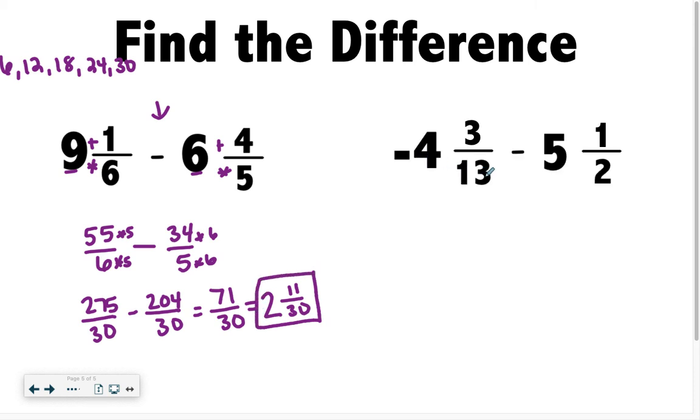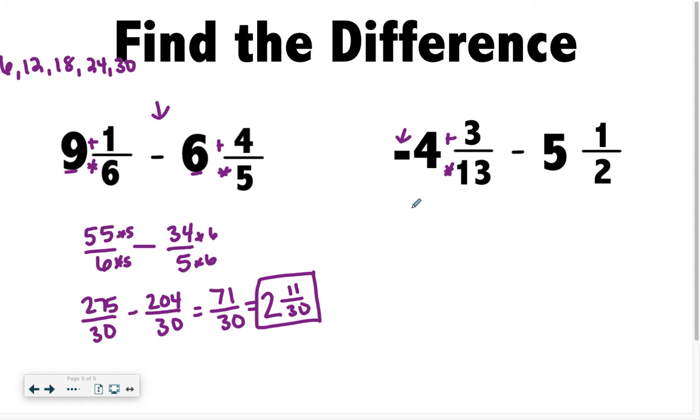All right, now it's the same idea, but I have a negative up front as well, okay? So I need to make sure I carry that down with my fraction. 13 times 4 is 52, plus 3 is 55.